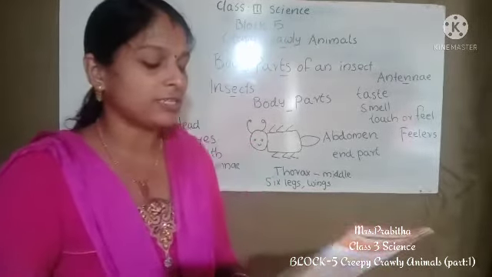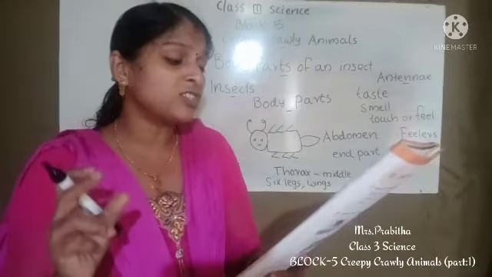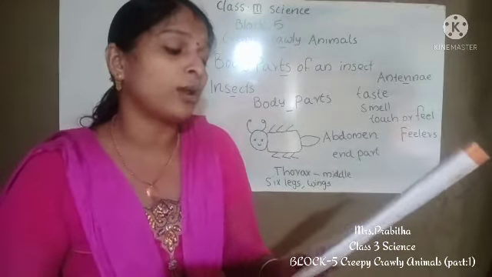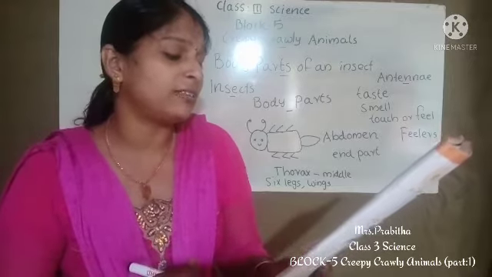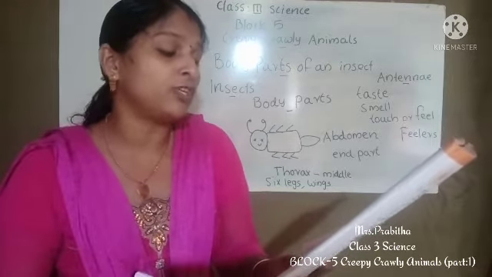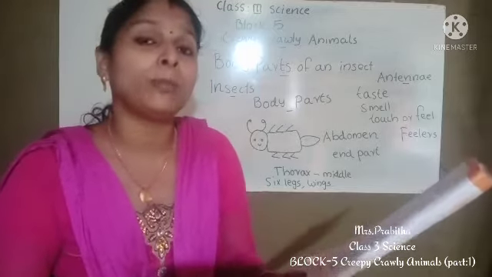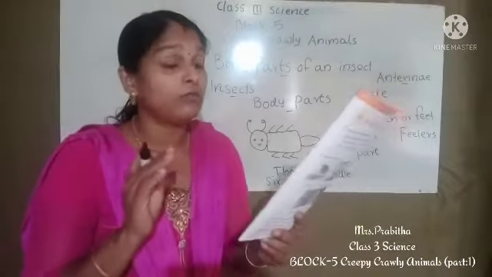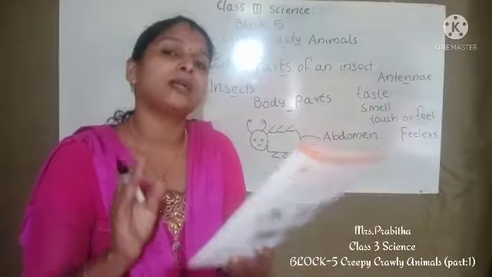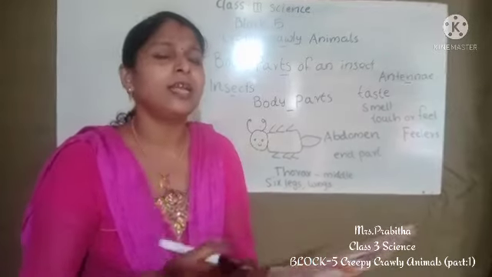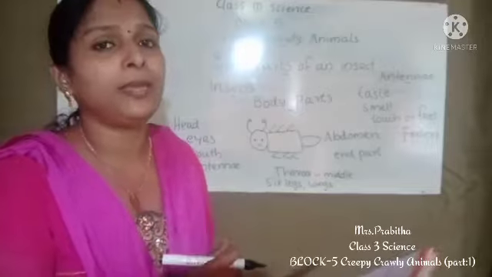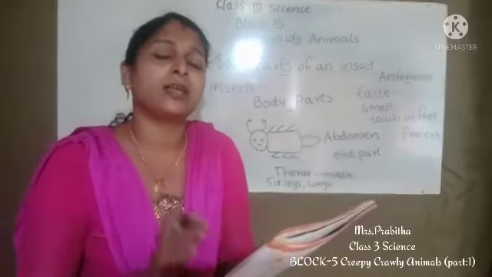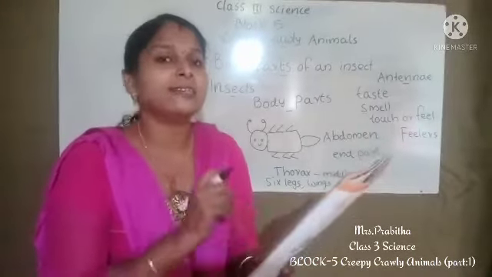Then the third question is, if we ask a tailor to sew clothing for an insect, how would the shirt and pant for an insect be different from the shirt and pant for a human? If a tailor needs to stitch a shirt and pant for an insect, how will he stitch it? That is the question.